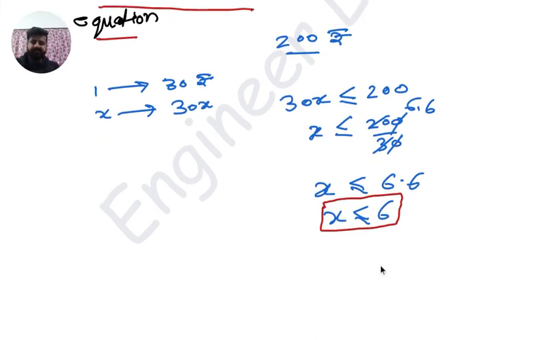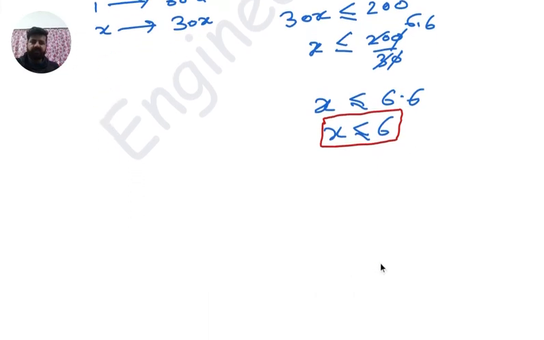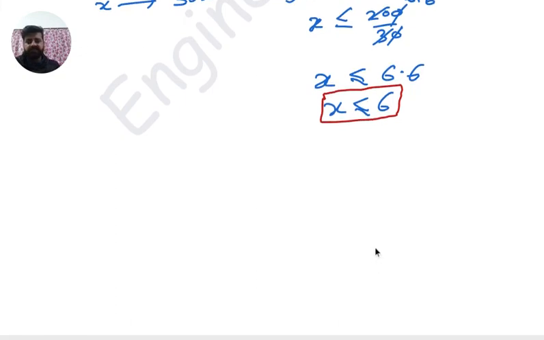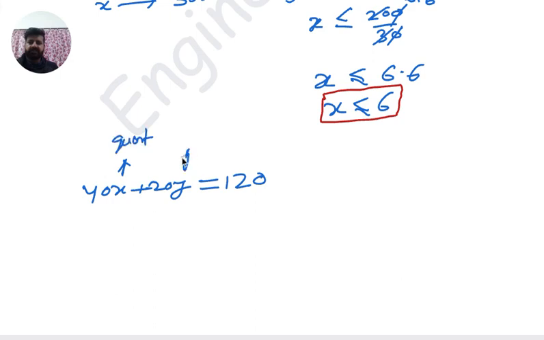Yes. Now come to another equation. As you can see, our statement problem can be converted into an equation. So let's come to the next equation. Look at this: 40x plus 20y equals 120. You have two quantities. One is this and the second is this quantity.